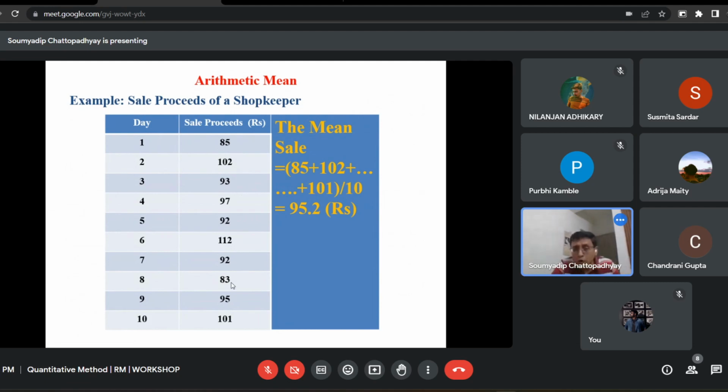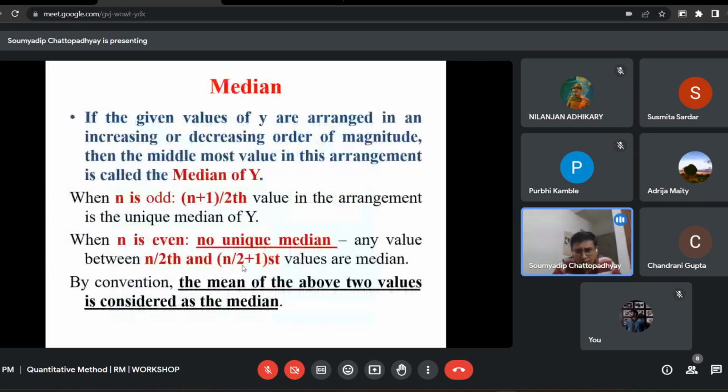The mode value is equal to 92, because here 92 comes with the highest frequency. That means 92 occurs twice. All other values occur only once. Okay, so this is how generally the mode is calculated in a very easy way.